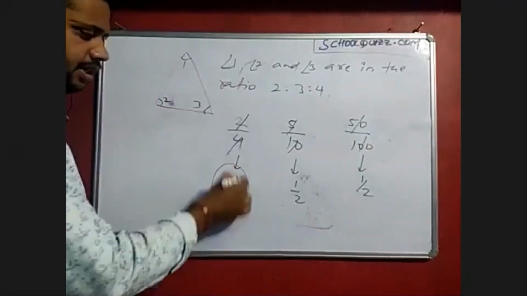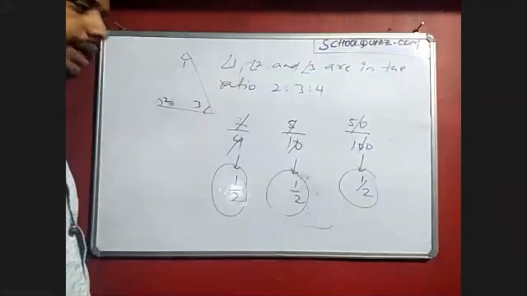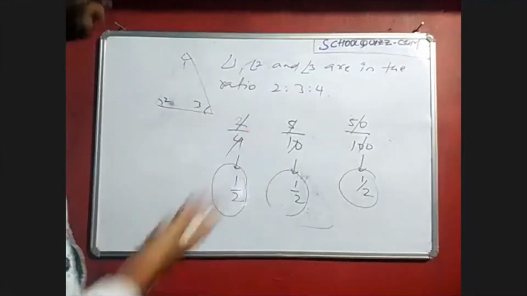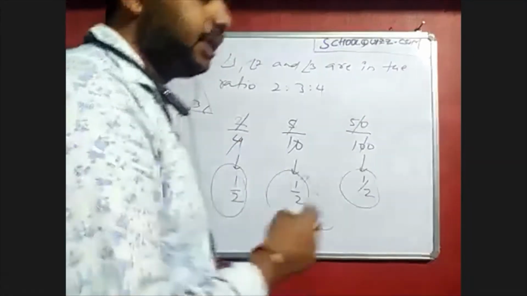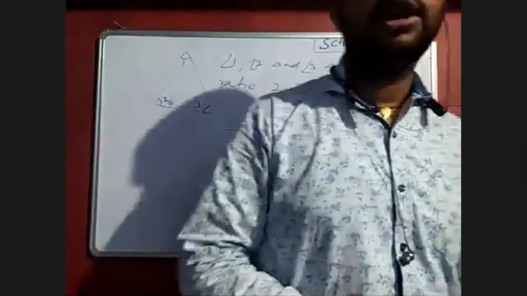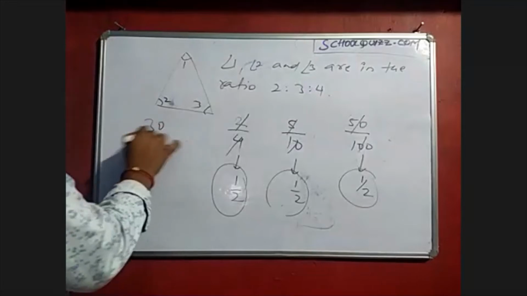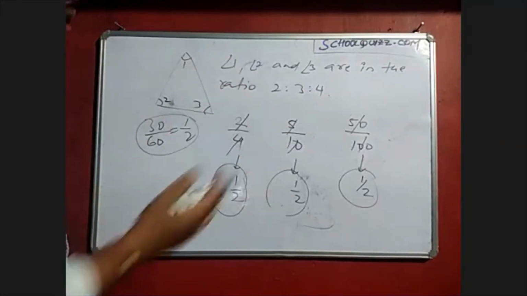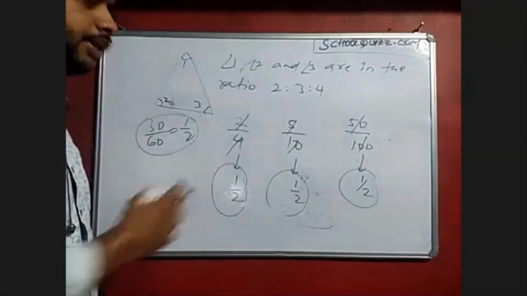By seeing this ratio, I can't say which number this 1 by 2 came from. By seeing this only, I can't say what the exact number is which is dividing and giving 1 by 2. Suppose 30 by 60 is also there. If I divide, I'll get 1 by 2. So many numbers are there, and when I divide them, I get a 1 by 2 ratio.